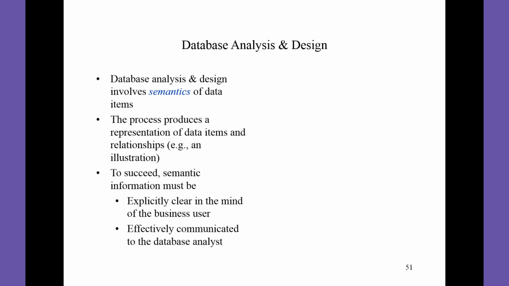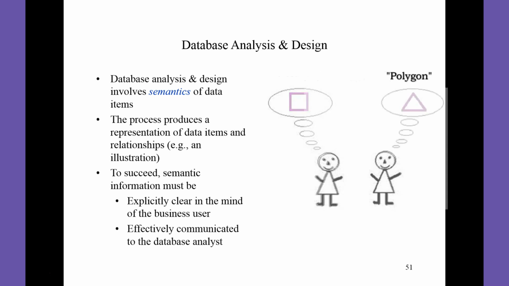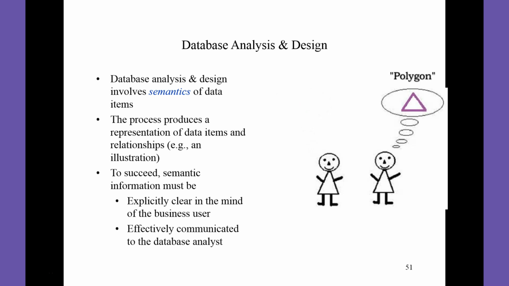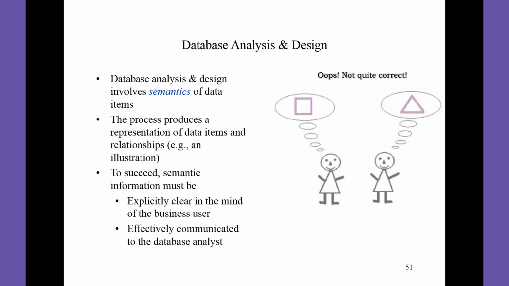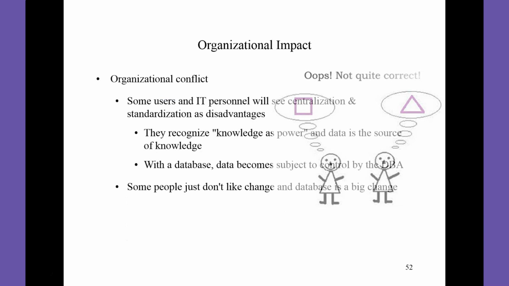To succeed, semantic information must be explicitly clear in the mind of the business user and effectively communicated to the database analyst. The database analyst who seeks to understand the application domain must acquire a clear understanding of that domain or microworld. This can be a challenging task.